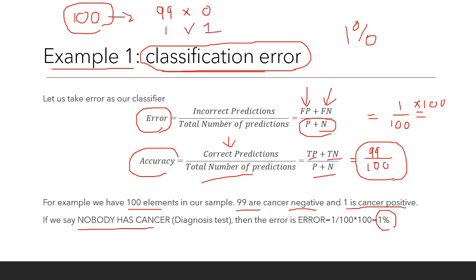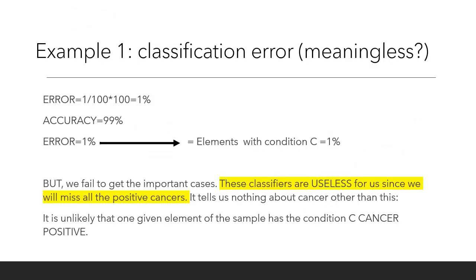So let's see in more detail what this means. So is this meaningless? If the error is 1% and the accuracy is 99%, the error is in fact the number of elements with condition C, which is 1%. So as long as we know how many people might have a condition, we just say that that's the error, by saying that nobody has it, for example.